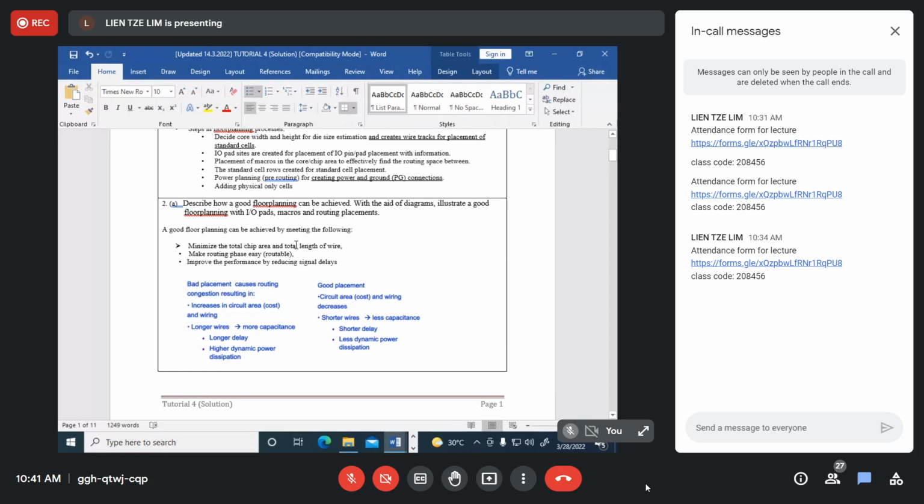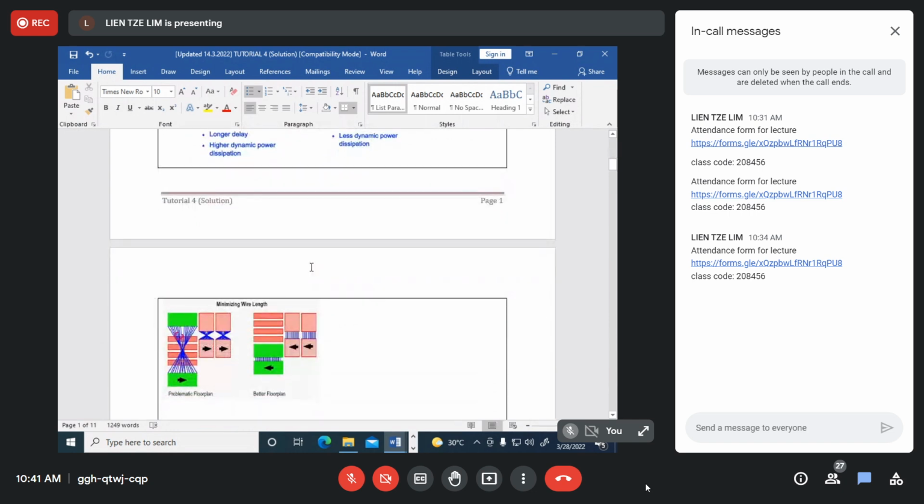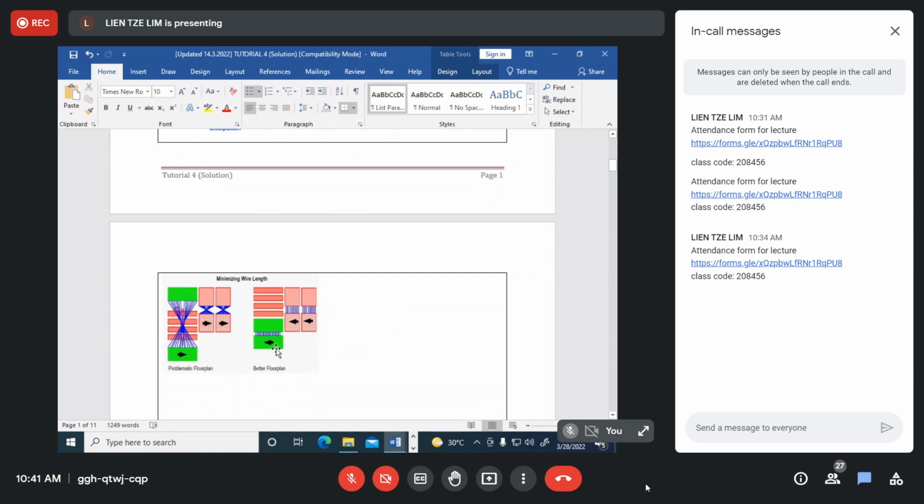Then, with the aid of a diagram, illustrate a good floor planning. For this one, we need to give examples by drawing a diagram. I just use back the one that is given in the lecture notes. This is the diagram. This diagram is the floor plan.